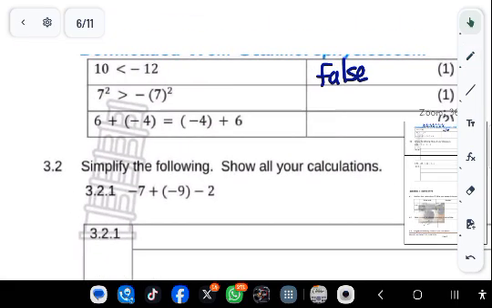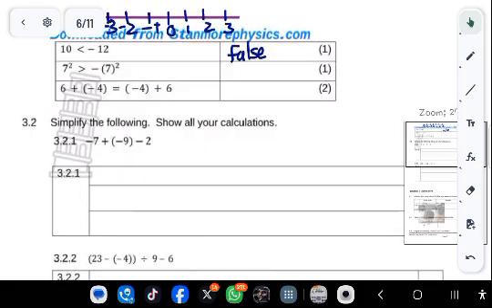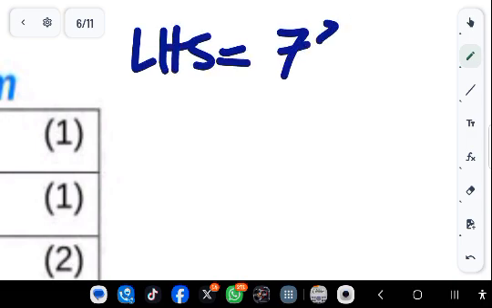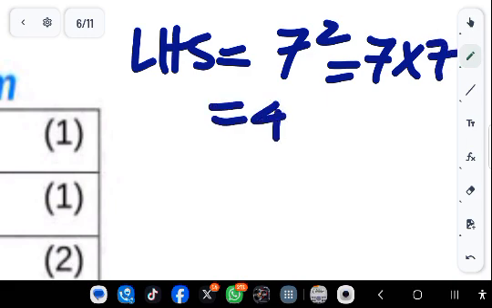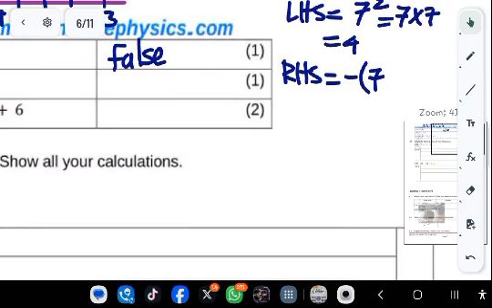Next, 7 squared is greater than -7 all squared. Let's work this out. The left hand side is 7 squared, which is 7 times 7, giving us 49. The right hand side is minus, in brackets, 7 all squared.